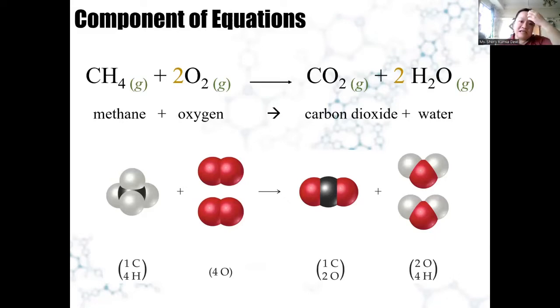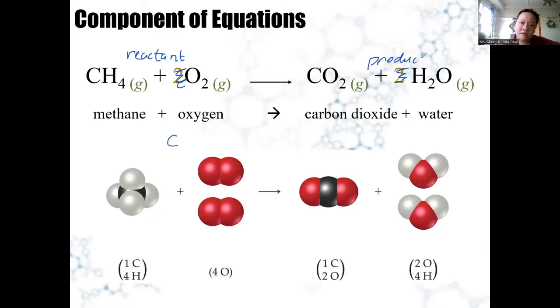Okay. For example, if I have not yet given you this one, you need to balance it. So you have to know that the left side is the reactant, and here are the products.